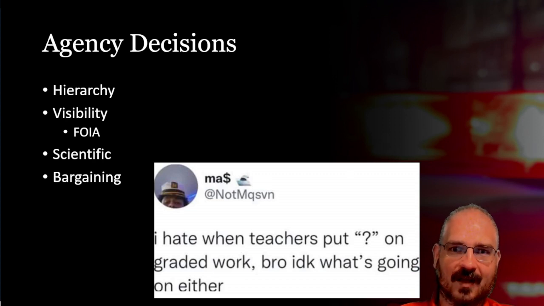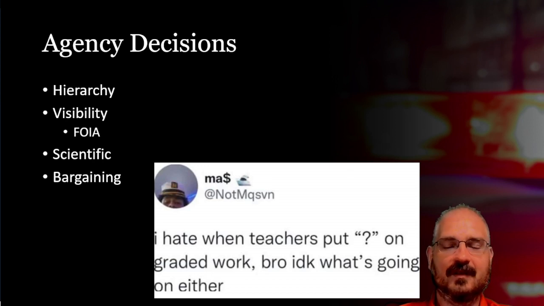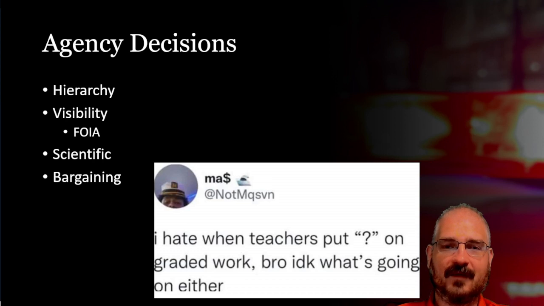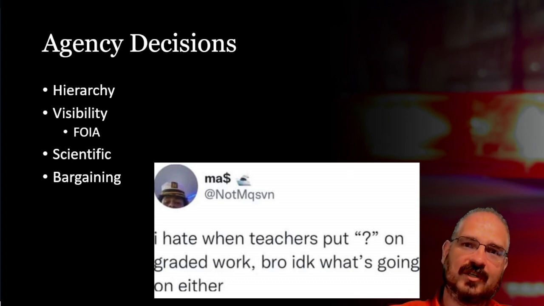Of course, science comes into play when agencies are making decisions, right? Especially with the more scientific groups and organizations like NASA and the EPA and the Department of Energy, et cetera, et cetera. If they're going to make a rule, a decision, a standard, they're going to go to the expert scientists in that field and say, hey, what does the research say about what we should do here?